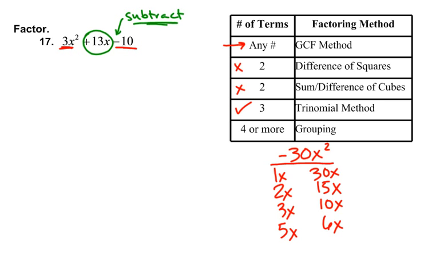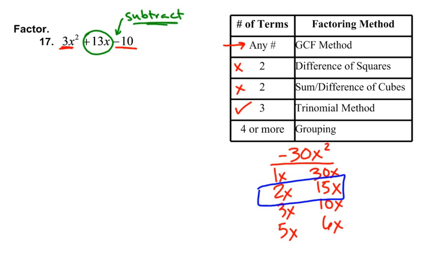If I make 3x and 10x, I would have to add those to get 13. However, we don't want to add 3 and 10, because that's not going to work out for us. So the combination that we should be using is 2x and 15x. 2x and 15x will subtract to make 13.